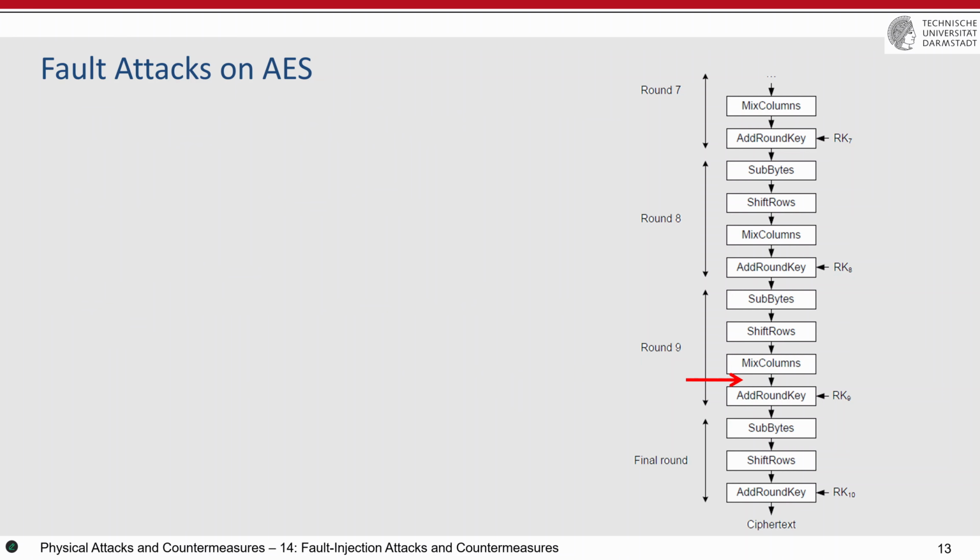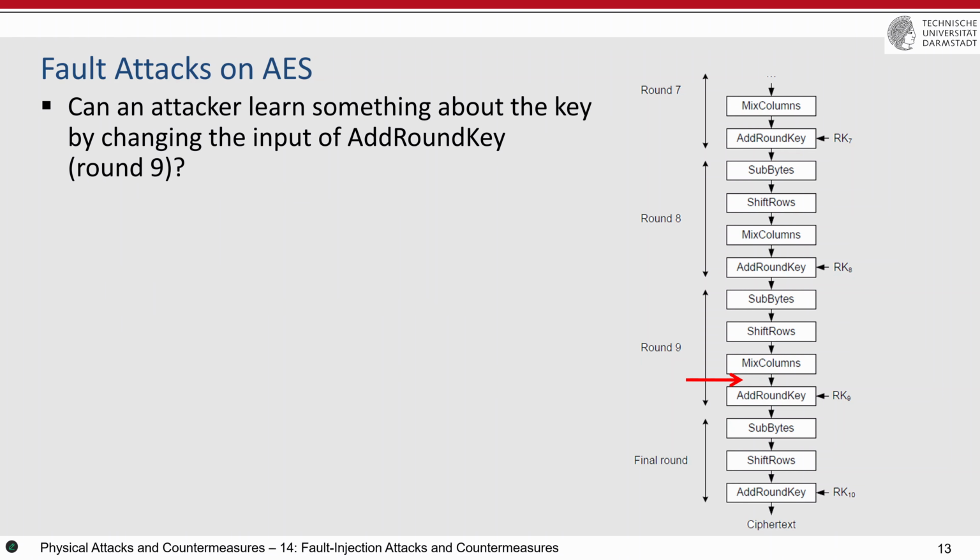Now we go one step higher, at the input of the add round key, which is now at round 9. Everything that we said for the input of the sub-bytes works for the input of the add round key as well.